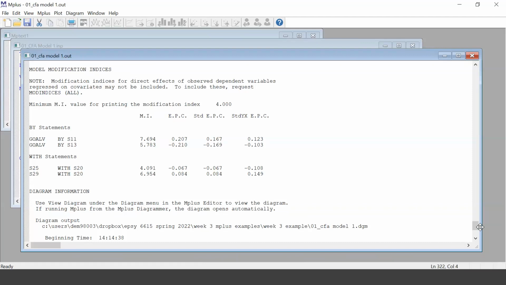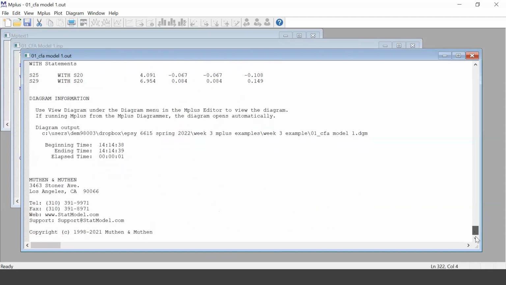And you can see in the WITH statements, it looks like the chi-square would drop by almost 7 points if we were to allow S29 and S20 to correlate with each other. I didn't show you what the items are, but this makes sense because those items, even though they're on 2 different factors, have very similar wording. And so maybe that's what's going on.